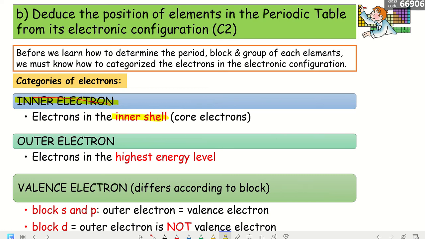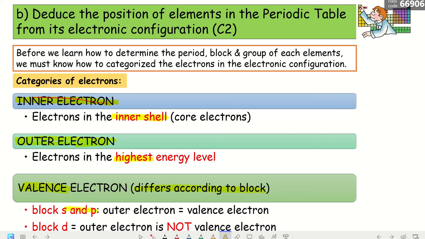Meanwhile, the second type of electron is outer electrons. Outer electrons are electrons in the highest energy level. If we have between 3 and 4, the highest is 4. For valence electrons, we need to determine them according to block.